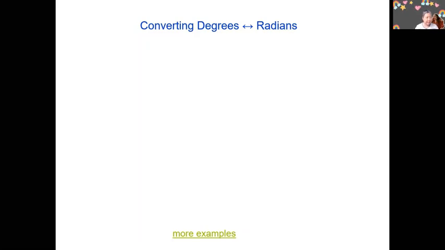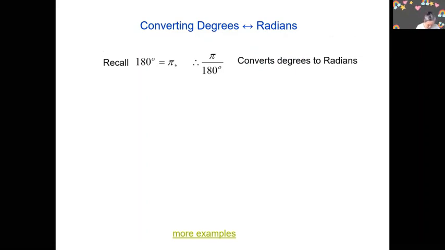So the key is we know pi is equivalent to 180 degrees, and 180 degrees is equivalent to pi, 1 pi radian, right? Then if we have a special fraction that has pi on the numerator side and 180 on the denominator side, this is technically 1. This is 1.